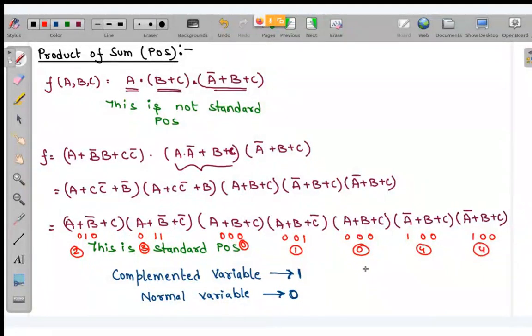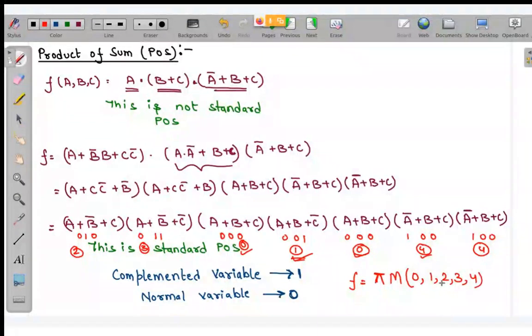So now if I want to write it in POS form, f is equal to, this time pi. Pi represents multiplication, capital M, bracket open, in ascending order write the max term numbers, so that is 0. So this 0 has been taken care of, then 1, then 2, 3, and then we have 4.